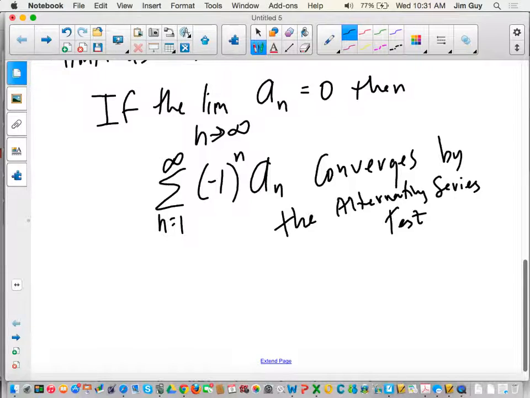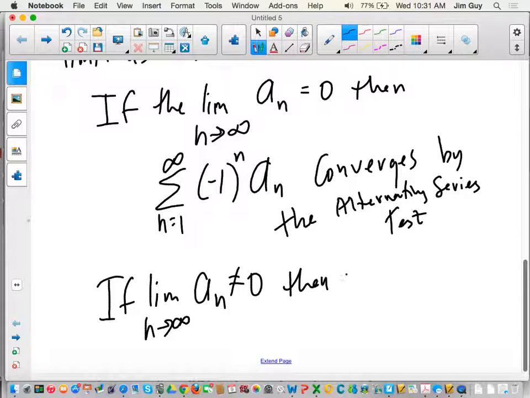And if the limit does not equal 0 as n approaches infinity of that stuff, then it diverges. And this sounds a little picky, but technically it diverges by the nth term test. Because that's the reason why you should have done that first and you just didn't think of it. Then it diverges by the nth term test.